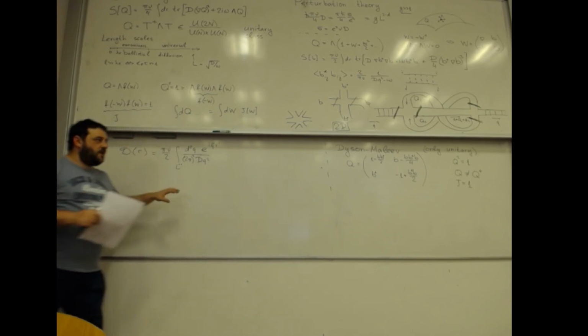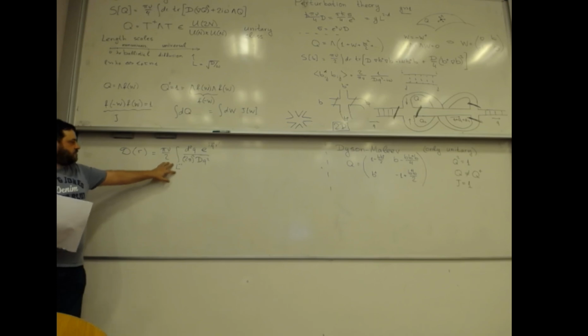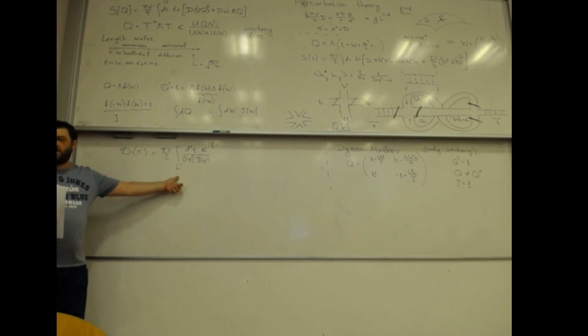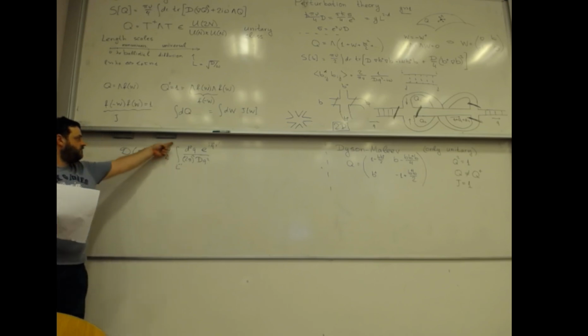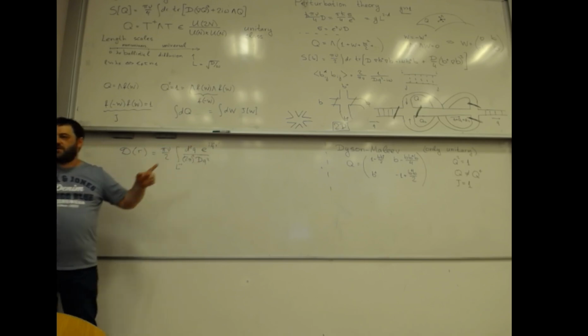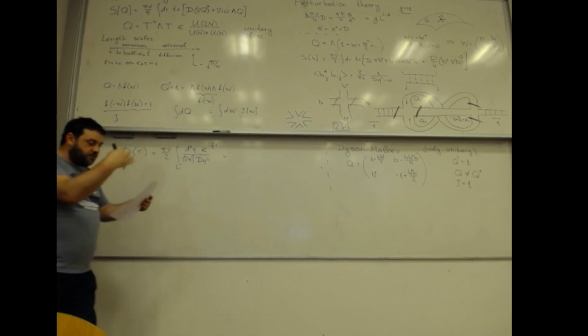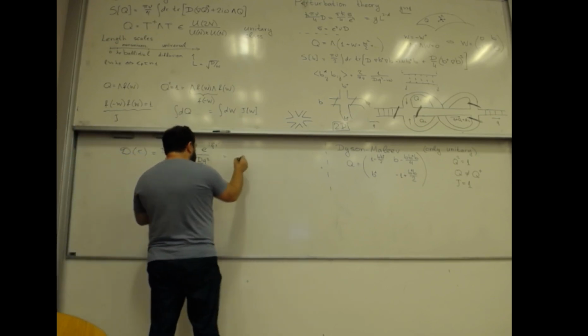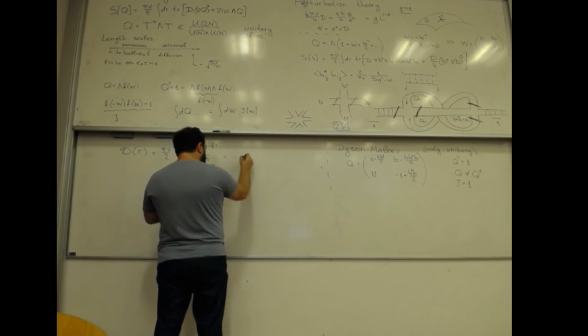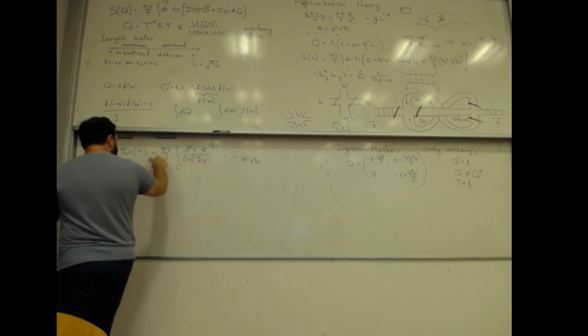Okay, so for small values of Q, I can limit it with omega, or I can limit it with the size of my system. And for large values of Q, this exponential will cut everything. So it's a very simple integral. I don't compute it exactly, I just say it's minus pi squared mu d. It's a collection of all the numbers.